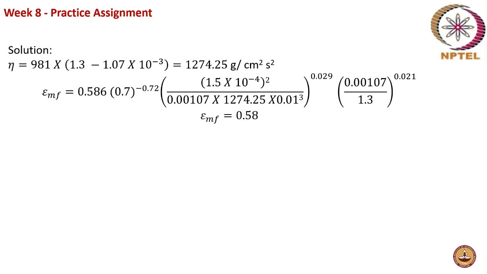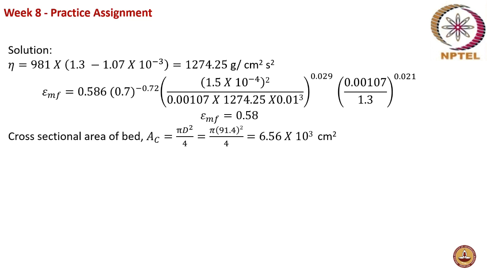Now we have the porosity at minimum fluidization. We can also calculate the area of cross section of the bed, which is A_C equal to pi d square by 4. We have the diameter of the bed, which is 91.4. Substituting that, you get the area of cross section as 6.56 into 10 power 3 centimeter square.